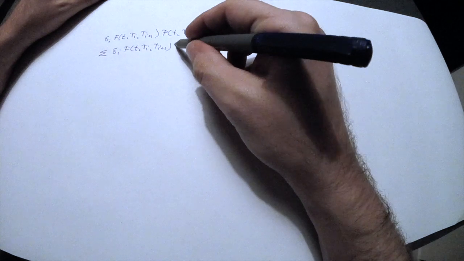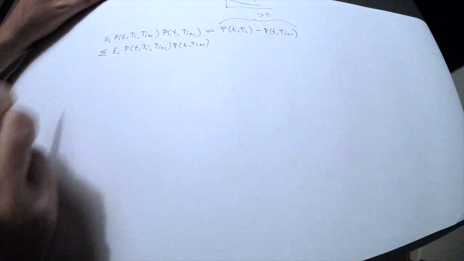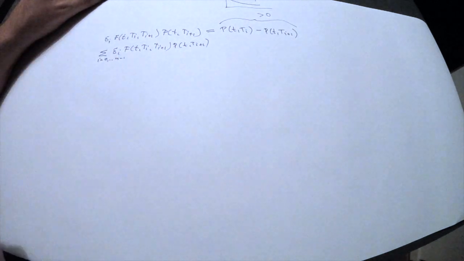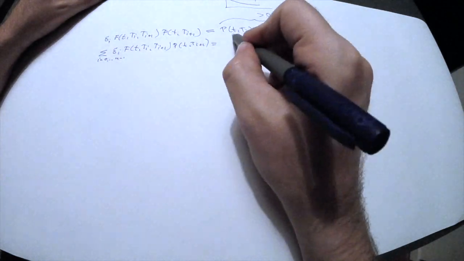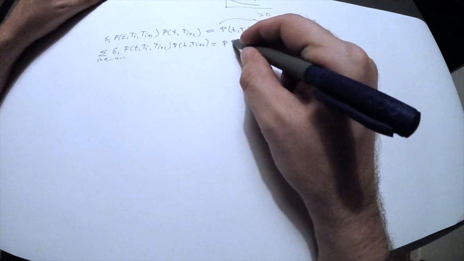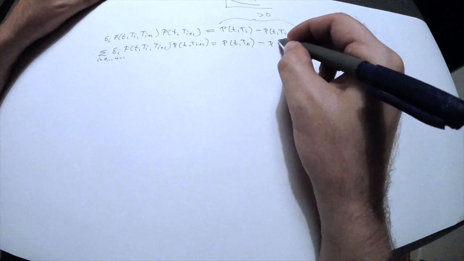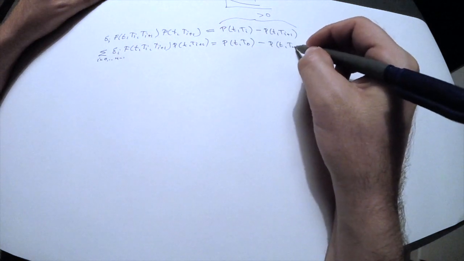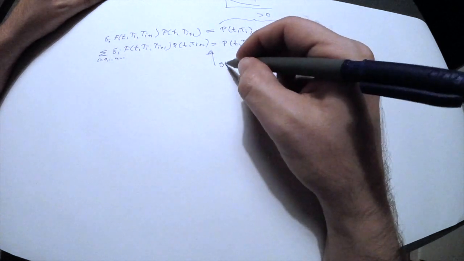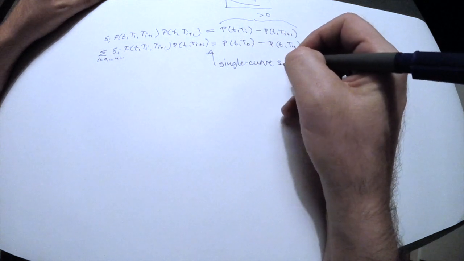Then the classical textbook would claim that if we add them all up from 0 to n minus 1, well, then period by period, these would cancel out and we would just have the time 0 minus the final payment date. But this only holds in the classical single curve setup.